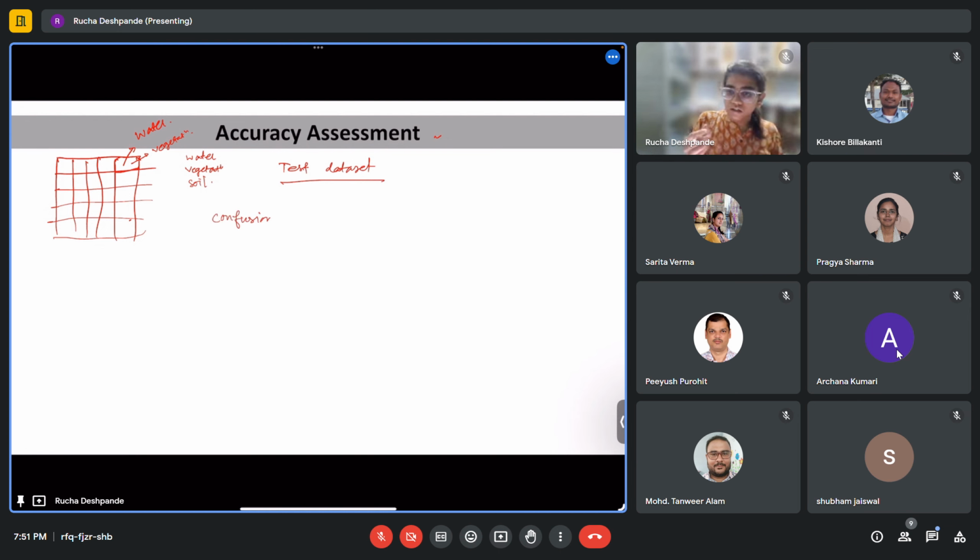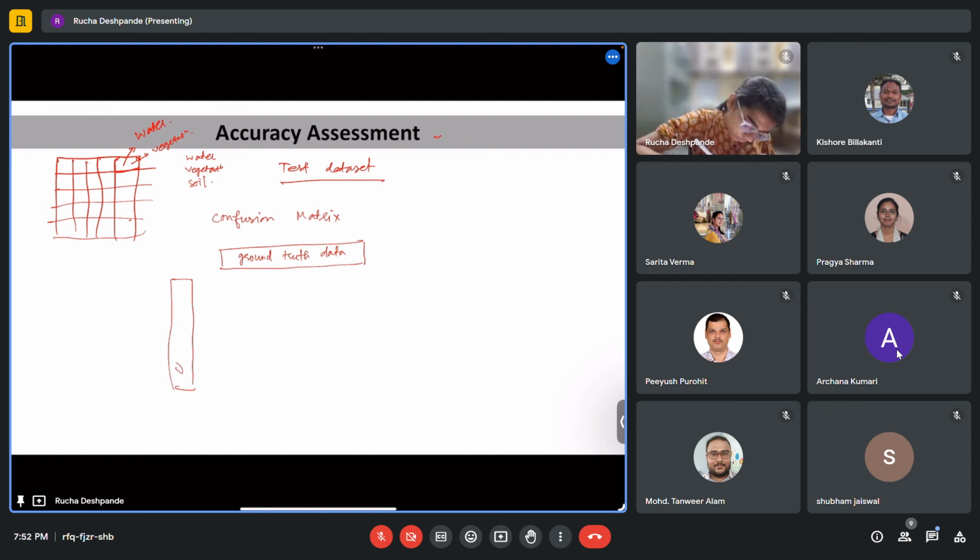One of the important parameters is the confusion matrix. In a confusion matrix, this is the ground truth data, and this is the classified data which is present in the rows. The ground truth data is present in the columns.